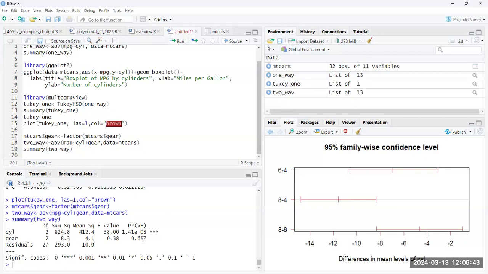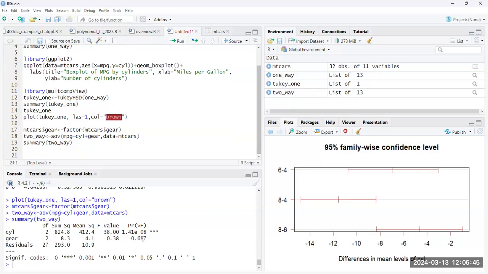Now, another way that we could analyze this is with interaction effects. And so we could construct an interaction effect basically by, instead of using a plus sign in between our variables, using a multiplication sign.